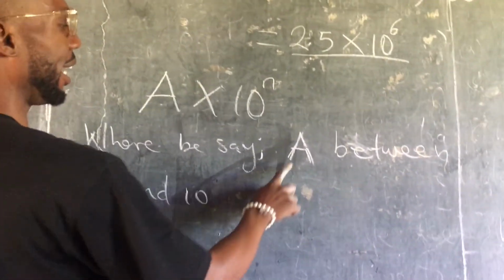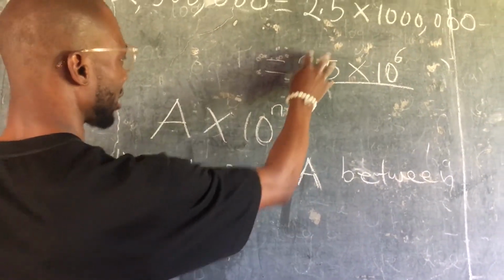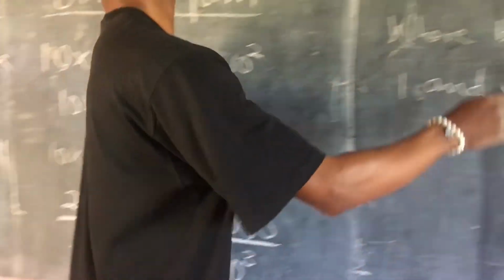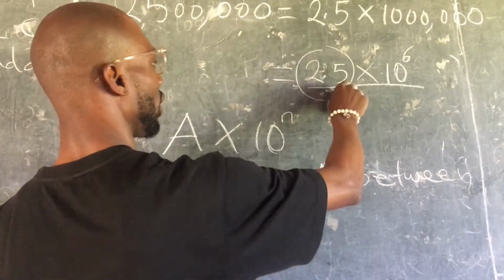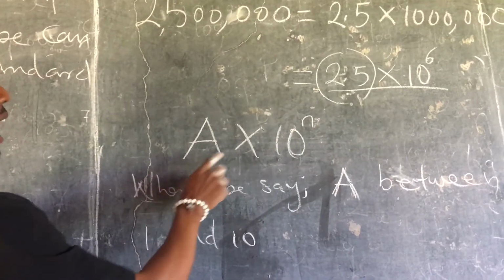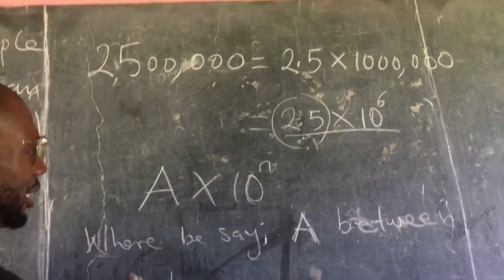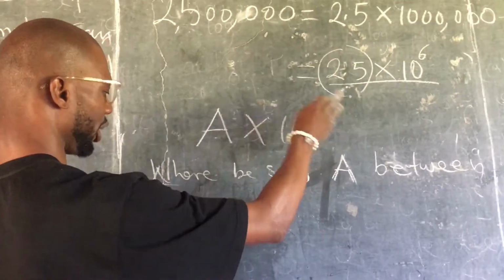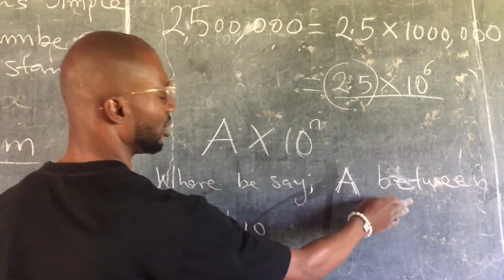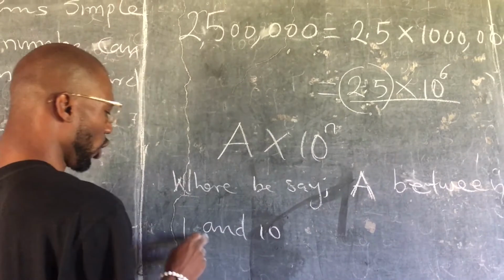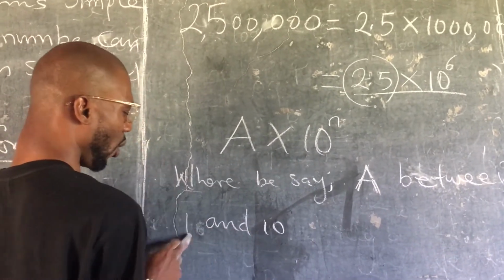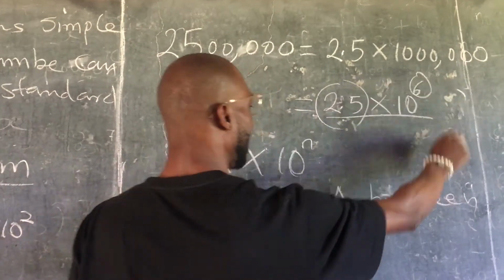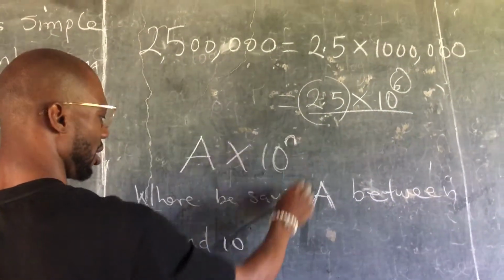You mean A is this part of the number expression, and this part of the number expression. For these two numbers, A is greater than 1 but does not reach 10. That is what I mean. So the value of A will be between 1 and 10, and this part is n.